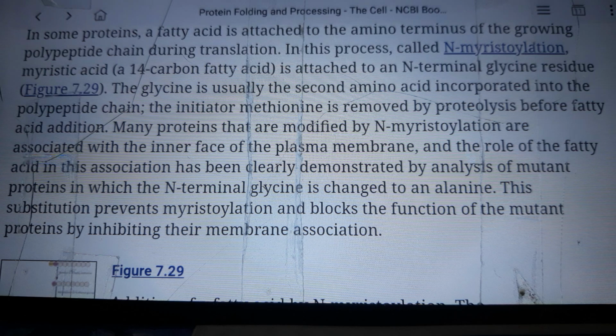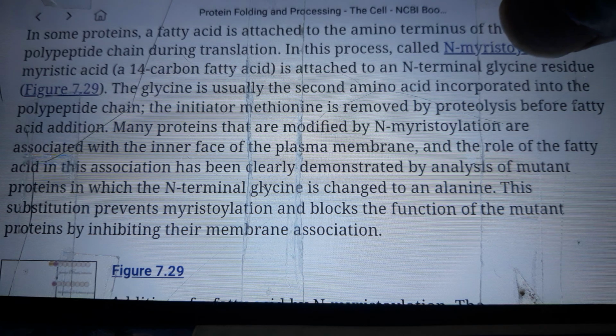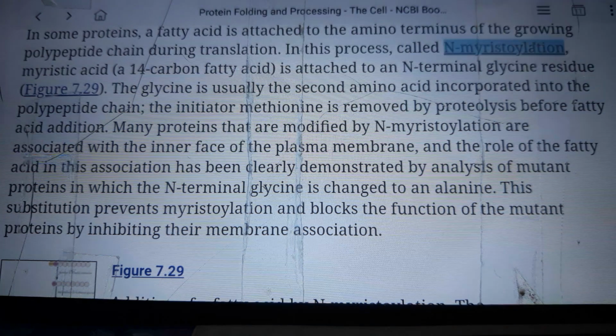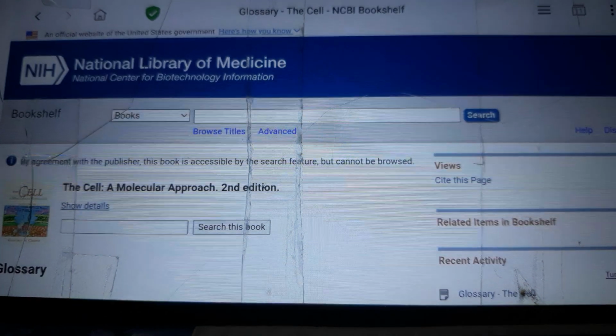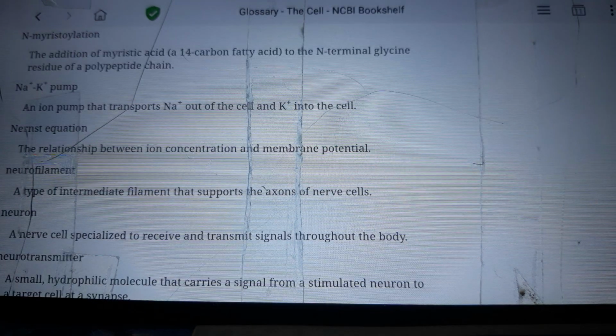In this process, called N-myristylation, which I'm going to elaborate right now, there is the addition of myristic acid, a 14-carbon fatty acid, to the N-terminal glycine residue of a polypeptide chain. I repeat, the addition of myristic acid, a 14-carbon fatty acid, to the N-terminal glycine residue of a polypeptide chain.